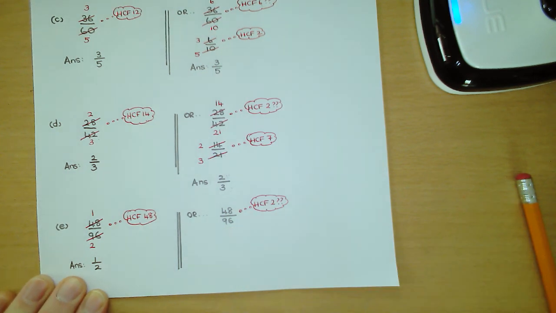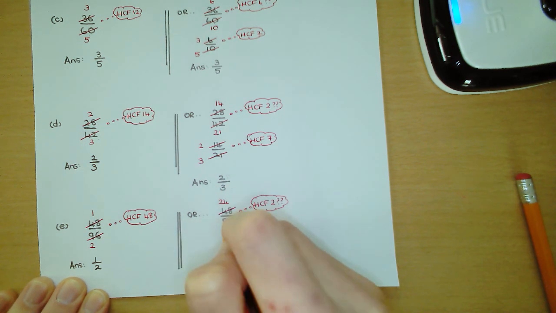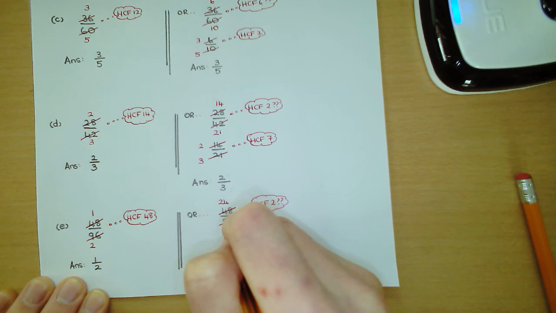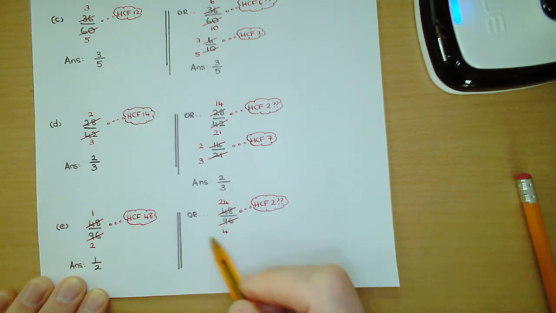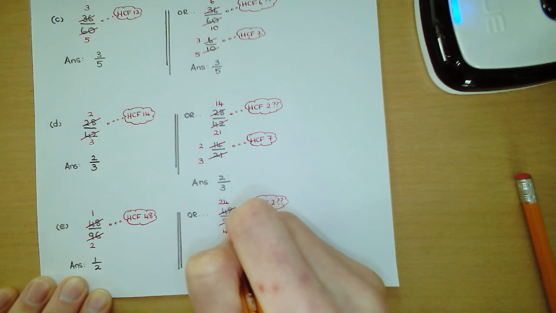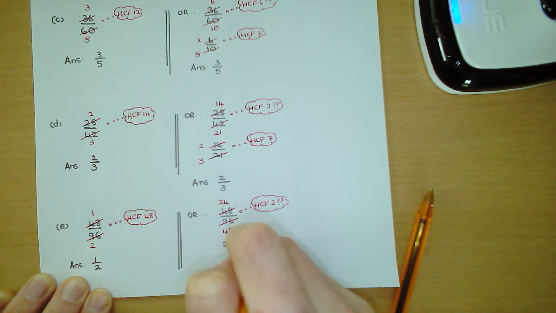So divide both by 2. Well, 2 goes into 48 24 times. Divide 96 by 2. Well, 2 goes into 9 4 times with a remainder of 1. Carry that over to make 16. 2 goes into 16 8 times. So we've got 48. Now, what we're left with at the minute is 24 over 48.